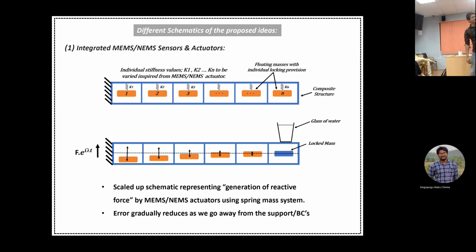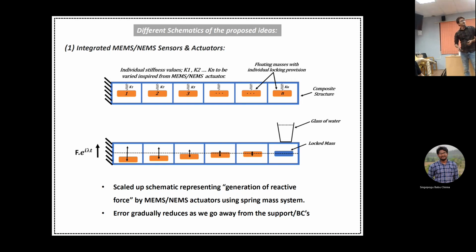Whenever there is a forcing, there will be masses that move, or we can say the actuator will apply a force in opposite phase to cancel it. But we may not be able to do it in the first go, so the error will reduce gradually from support to the end.